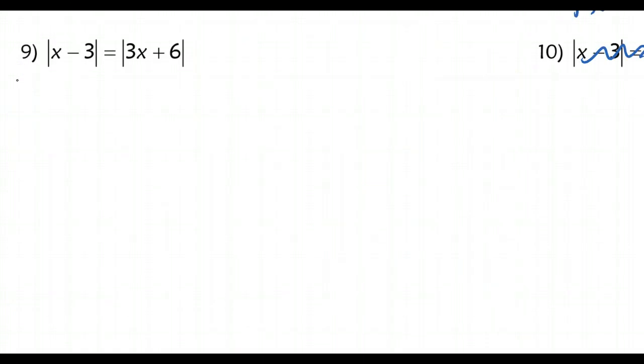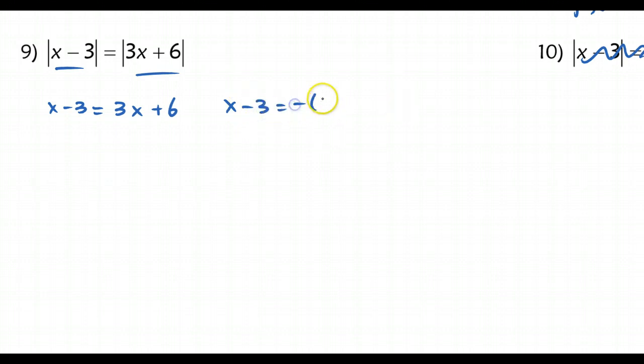Okay, question for you, because here we have the absolute value equaling another absolute value. So really there's only two cases here. Either these two things are already equivalent to each other, so x minus 3 is equal to 3x plus 6, or they are opposites of one another. So x minus 3 would equal the opposite of 3x plus 6.